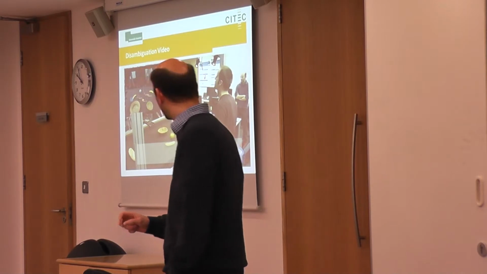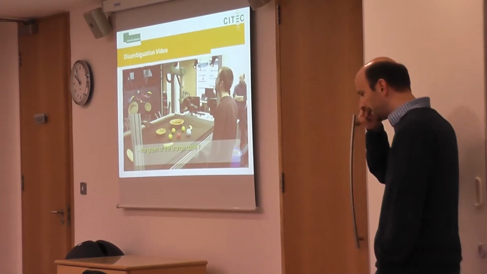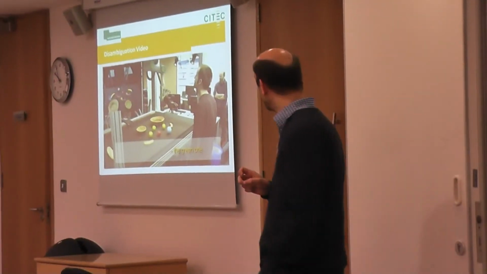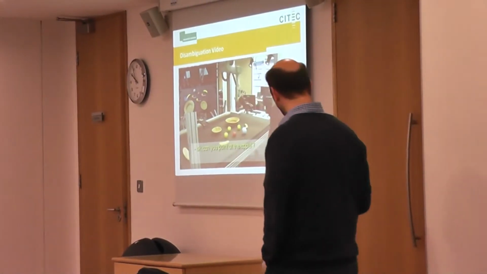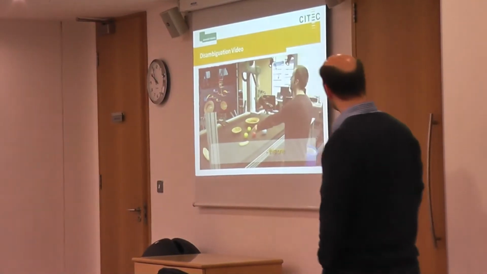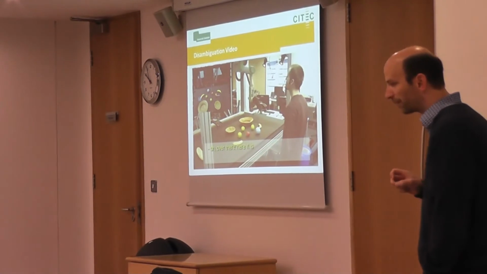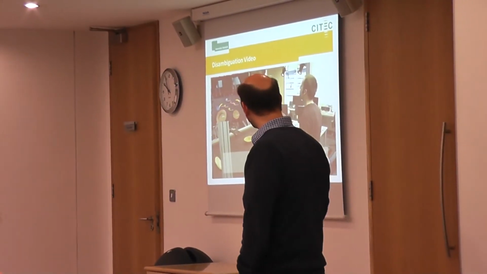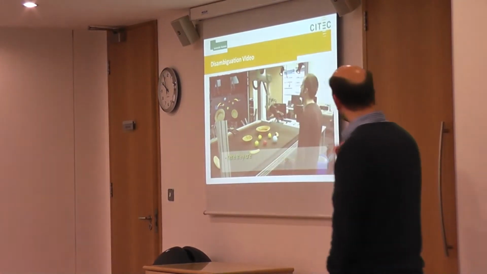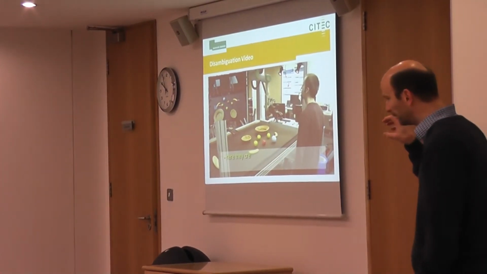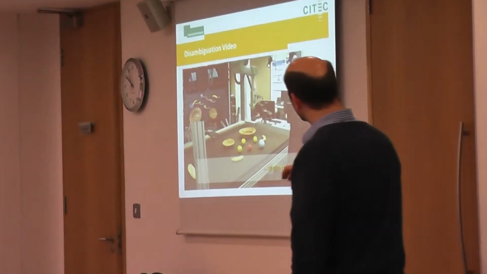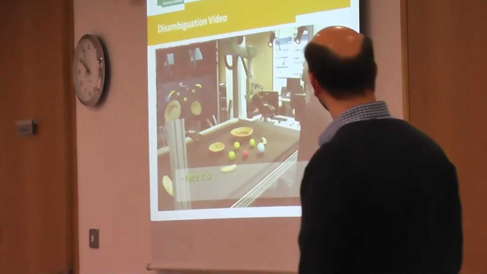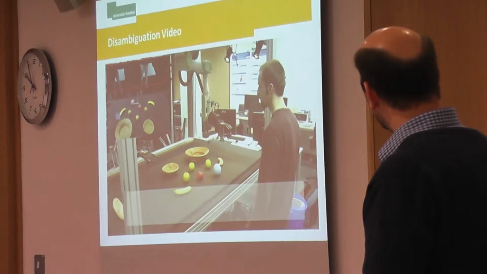Okay, so a lot of theory, so here's a video illustrating that much better. In the upper left corner you see the view of the robot highlighting object hypotheses. Show me all bananas. And now the robot always highlights the resolved objects in this image.